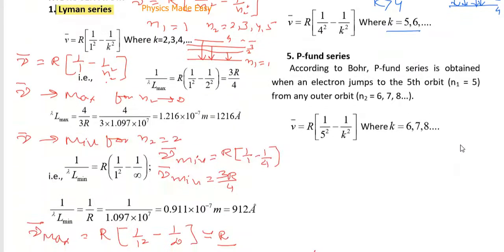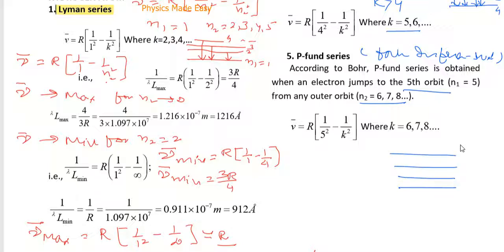The last series is the Pfund series. The Pfund series is obtained when an electron jumps to the fifth orbit, and it lies in the far infrared region. Now again, if we draw levels, this is first, second, third, fourth.